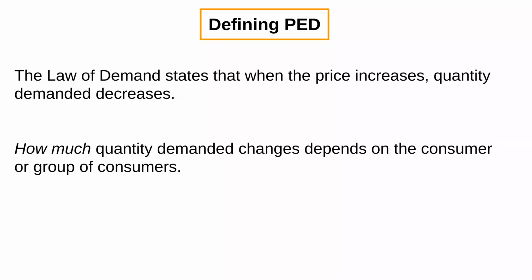If the price of your favorite candy increases by 20%, you might still buy the same quantities. Whereas someone who just has an okay opinion of the candy might buy a lot less than before, right? So elasticity, which is the sensitivity to the price that we're going to talk about, varies depending upon what consumer or group of consumers we're talking about.